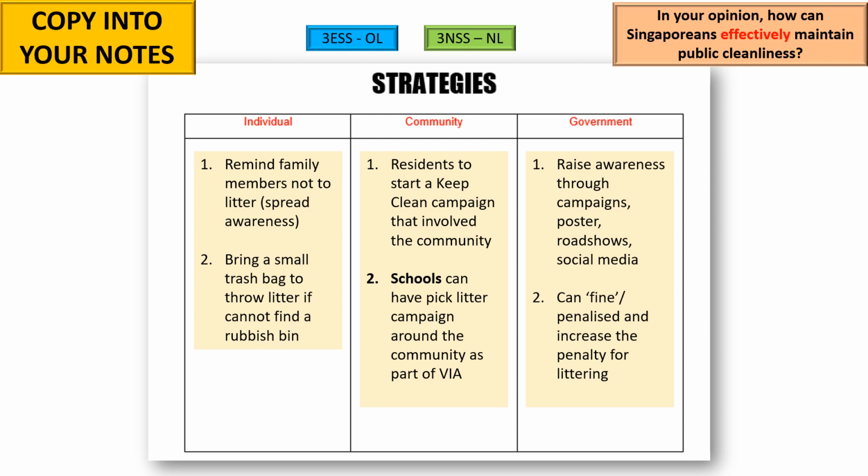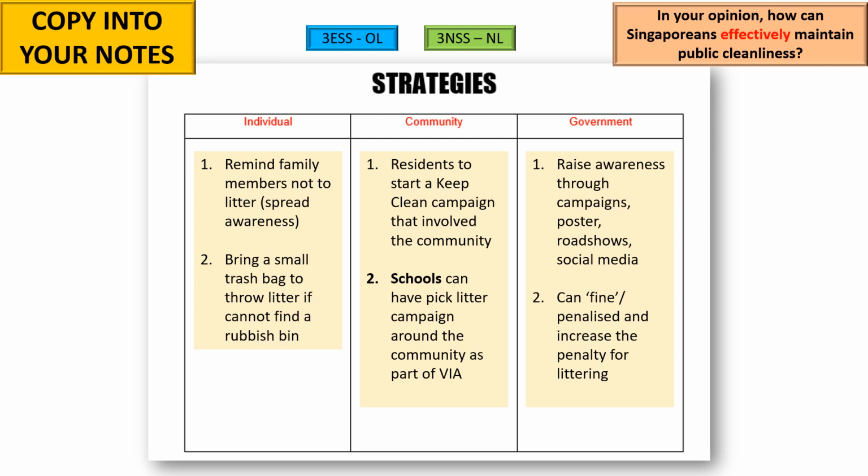I'm not sure right now how much you have to pay if you're caught littering, but maybe increase the fine to maybe $500, $1,000, and then publicly you wear that jacket and you have to actually go and clean up. Maybe that could be a way to deter, to stop irresponsible Singaporeans, to effectively maintain public cleanliness.